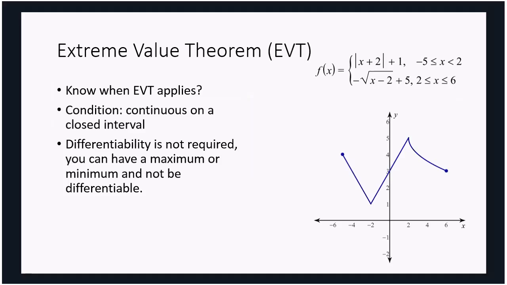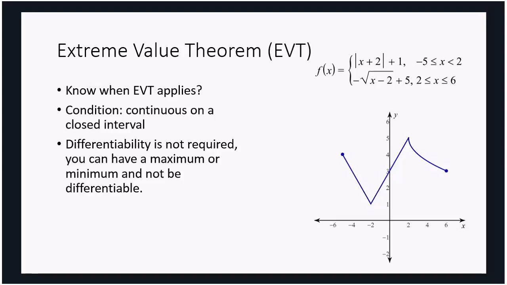So the extreme value theorem. Scholars need to know when the extreme value theorem applies. They can abbreviate, by the way, EVT. The big thing is they have to know to check for conditions. So the extreme value theorem, the only condition is that the function is continuous on a closed interval.